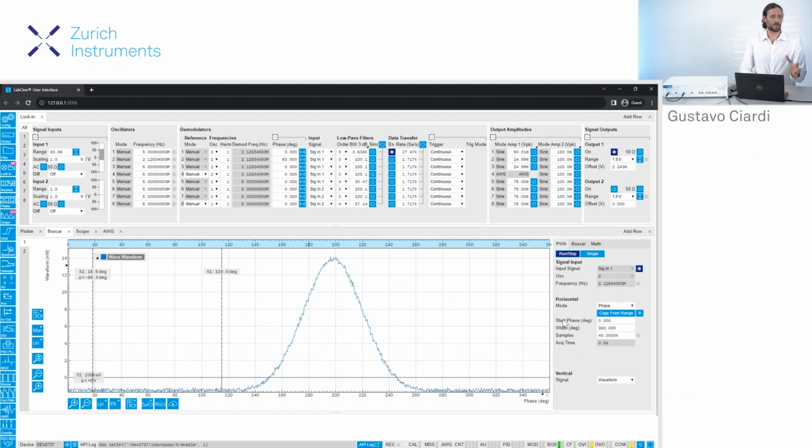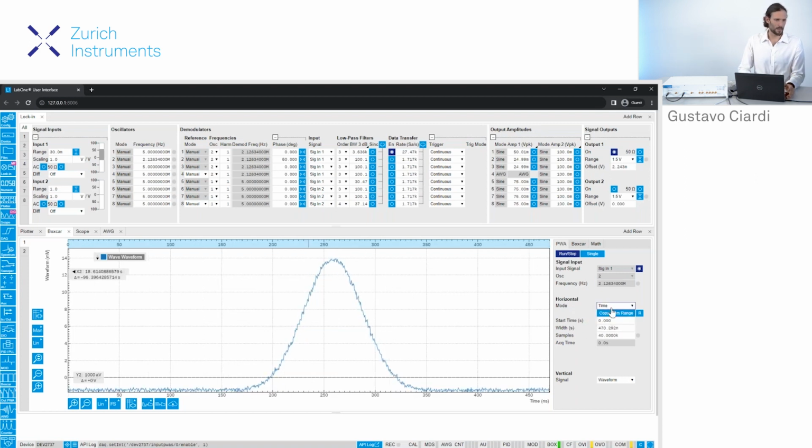This is because I locked the PWA to the frequency of the repetition rate of my pulses, and the PWA basically plots one single cycle of my pulse train. This is also why the x-axis, as you can see, is in phase, because this goes from 0 to 360 degrees, so one full cycle of my pulse. Of course, this can also be changed to the time domain.